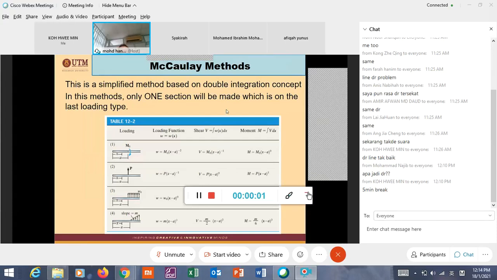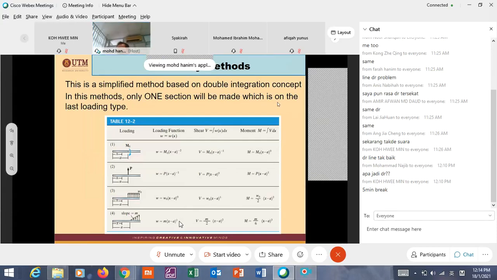Okay, Macaulay method. We have to use this method, or they have derived this method, or they have invented this method, because of the problem when you have to split into different segments.